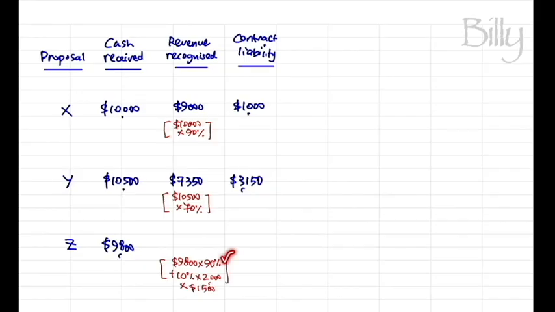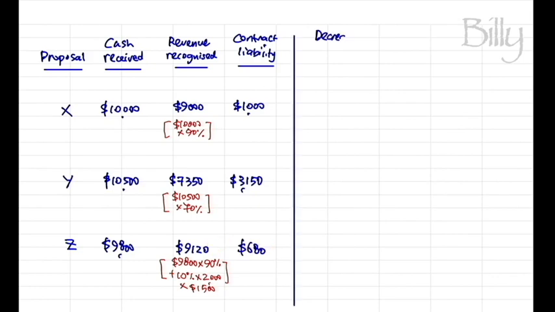This is the amount that we don't expect to return. We can recognize revenue. If they return, they have to pay a restocking fee. This amount we also earn, certainly, if they return. The total for this will be 9120. This is the amount that we earn. How much have we not earned? The balance, 680.